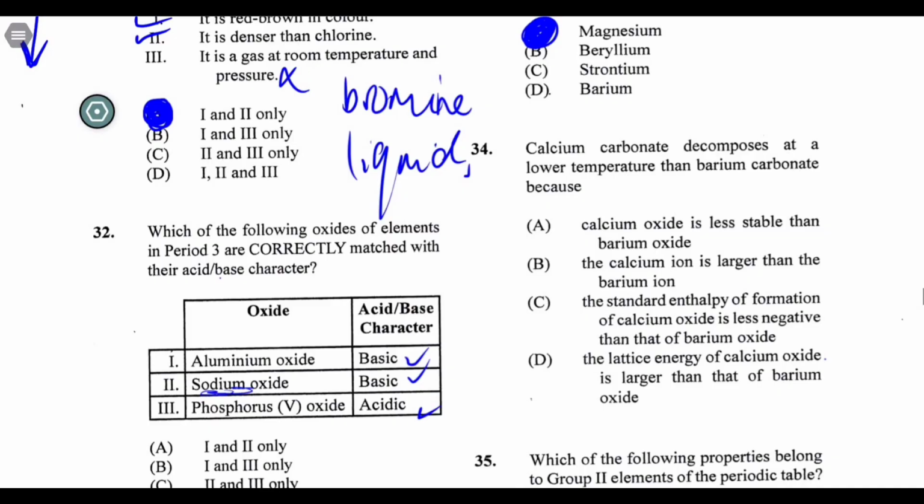Now calcium oxide is less stable than barium oxide, and that is true, and that would really explain why calcium carbonate would decompose at a lower temperature than barium carbonate, because barium oxide being the more stable one, it would want to maintain itself and not change, so it would be more likely to resist thermal decomposition, and therefore calcium oxide would be more susceptible to it. So the answer for 34 is A.